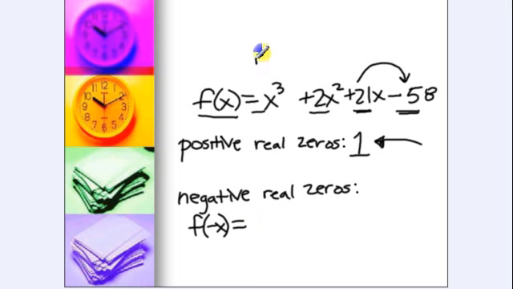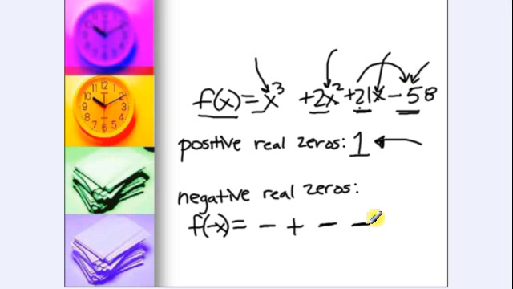Well, if I plug in a negative value and cube it, it's going to be negative. If I plug in a negative value and square it, it's positive, times a positive in front is positive. So that's one sign change. If I plug in a negative value for x here, that would give me a negative times a positive, so that would be negative. There's another sign change. And then the negative 58 is still negative.